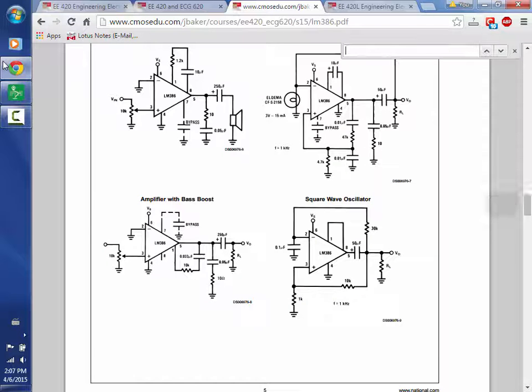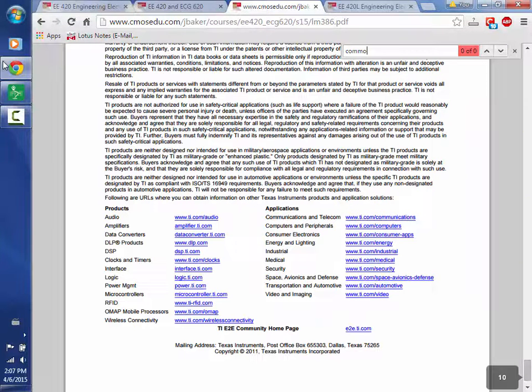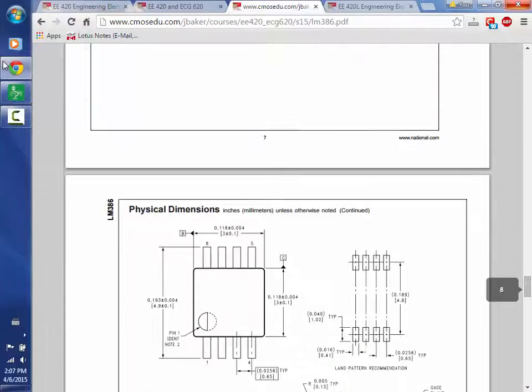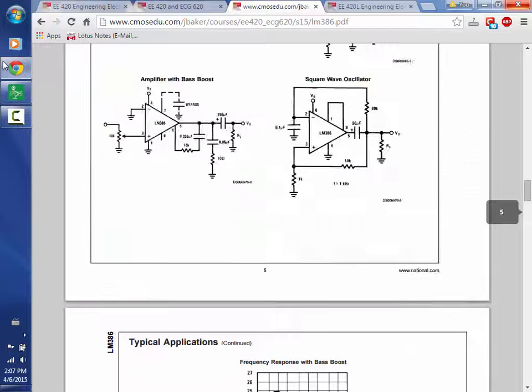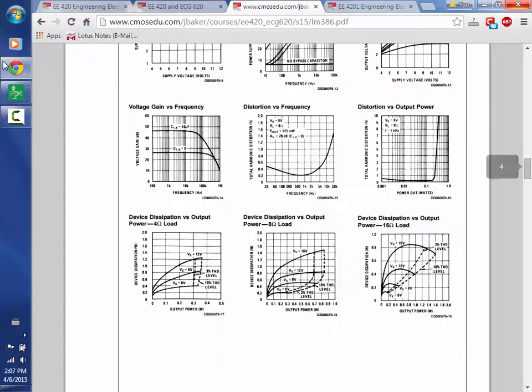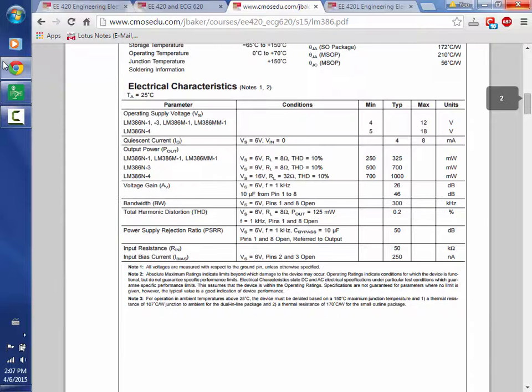Let's just do a control F. CMRR. Maybe I didn't give a good data sheet. Let's see how many pages it is. Alright, voltage gain, distortion. Yeah, this is an old amplifier. It may not even have common mode rejection on it.